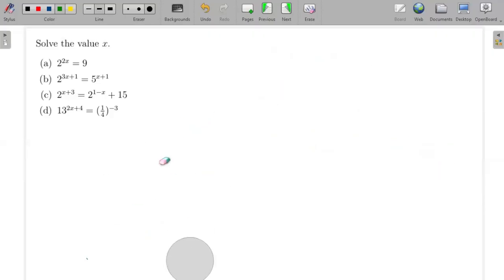So the last question we have is 13 to the power 2x plus 4 is equal to 1 over 4 to the negative 3.